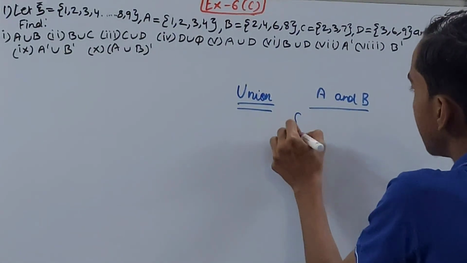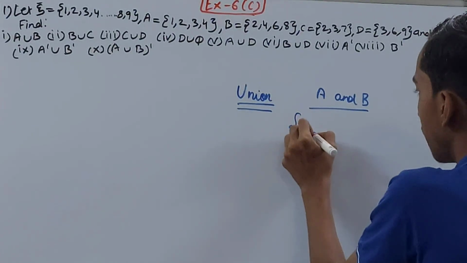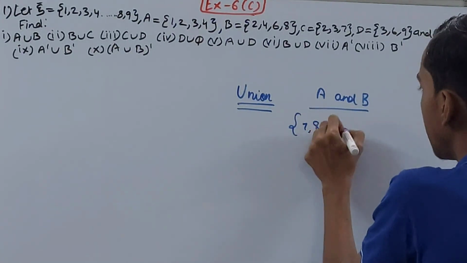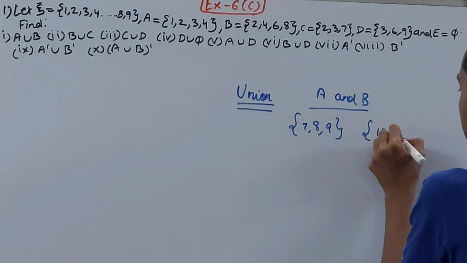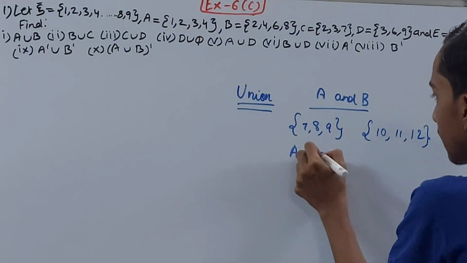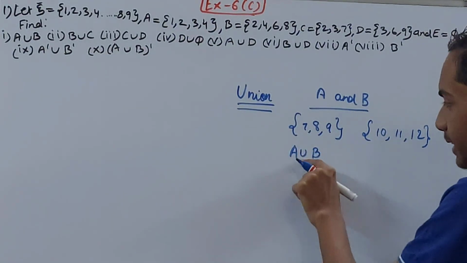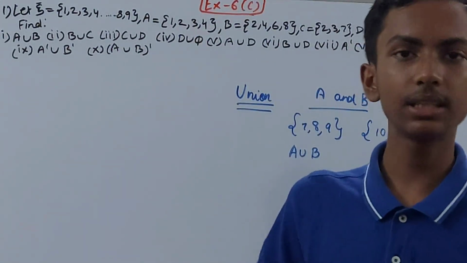Let's say A has 7, 8 and 9, and B has 10, 11 and 12. If I write A union B, this sign, sort of a U, is used to represent the union of sets.